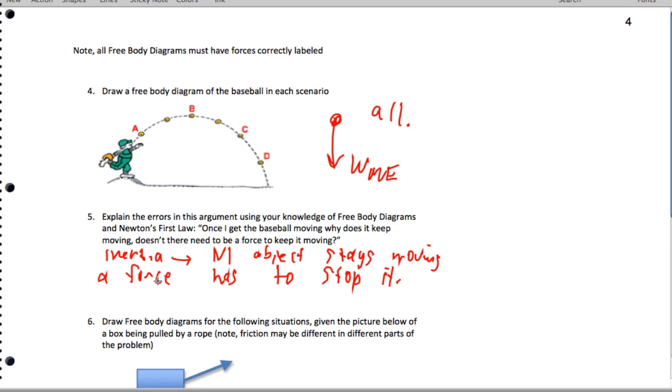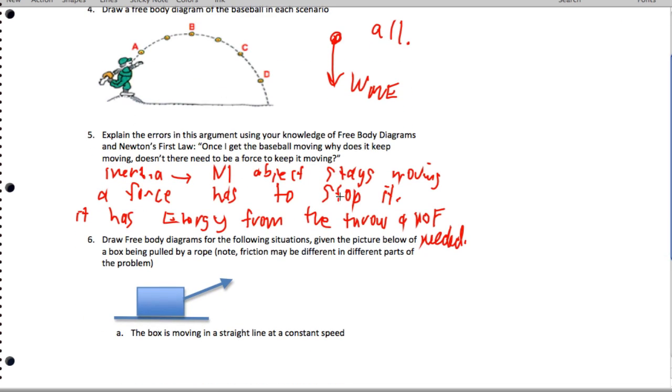Another answer I accepted, because we talked about it in class, is it has energy from the throw and no force needed. Those are all good. So there's no extra force.